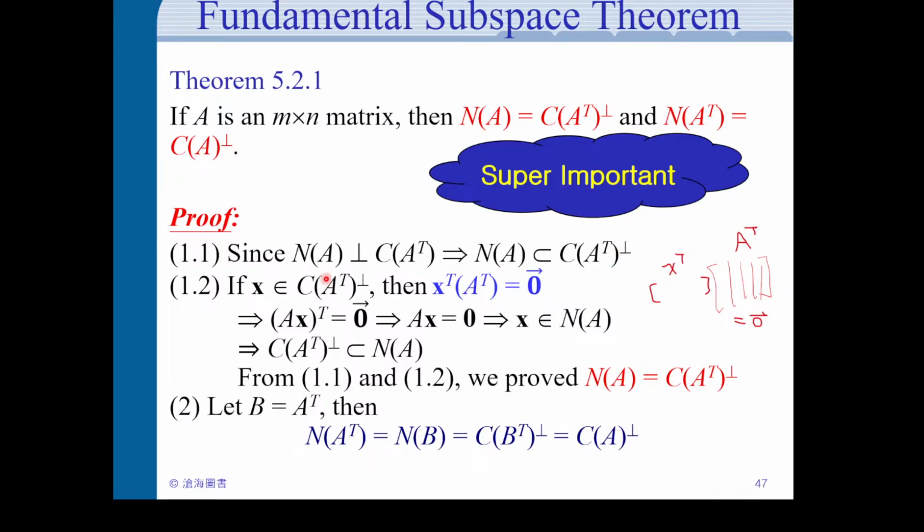And then the second part of the proof: we want to say everything inside the orthogonal complement is inside the null space. I should highlight the two parts of the proof. The first part, we want to show this. The second part, we want to show this. We start with something that's inside the orthogonal complement, and we want to show it's inside the null space.